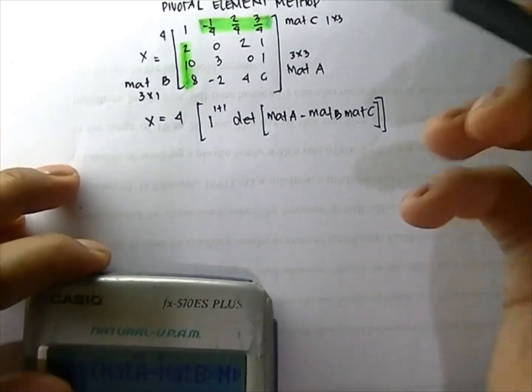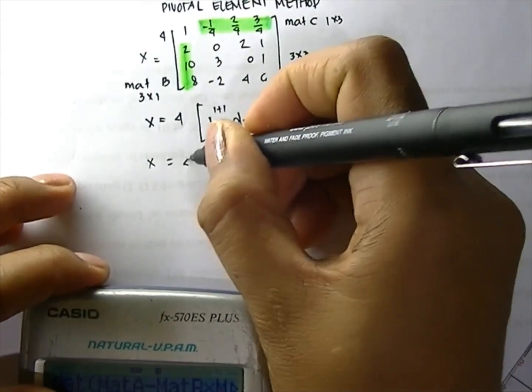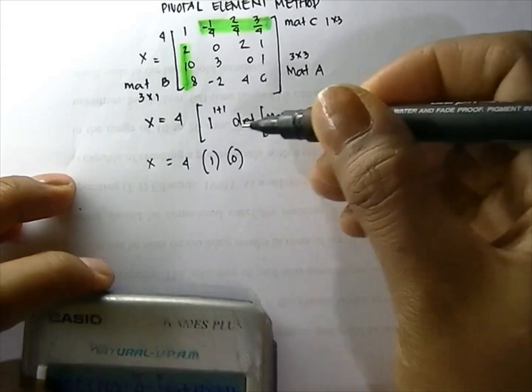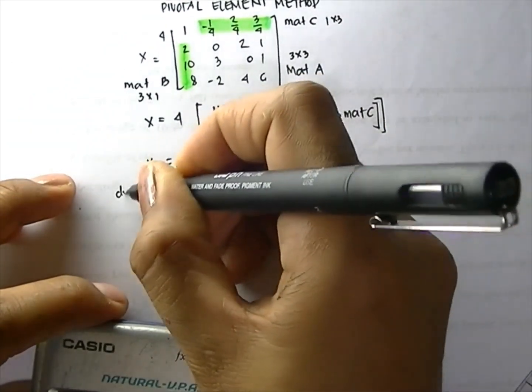The result is 0. So, the determinant of X, we have 4 times 1 times 0. So, the determinant of X is 0.